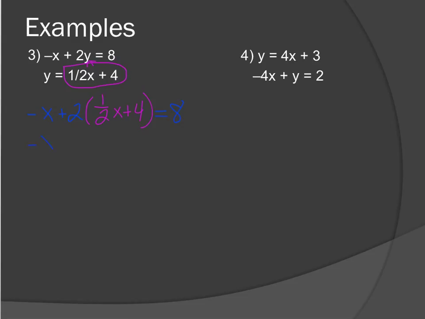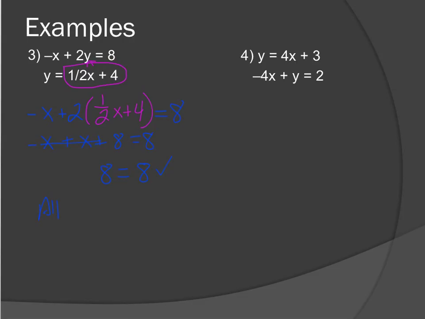All right, now let's simplify. So I get negative x plus 8 equals 8. Combining like terms, my x's add up to 0. I'm left with 8 equals 8. So remember, when your variable eliminates and you have a true statement, we call this all real numbers.